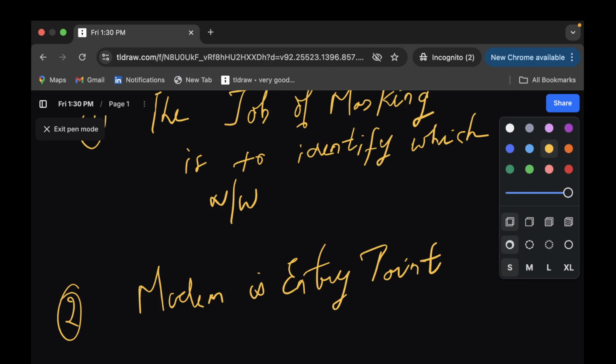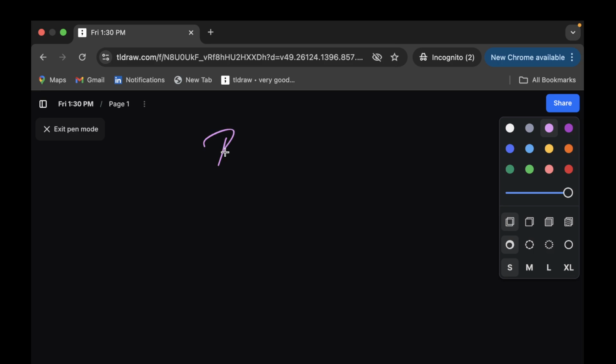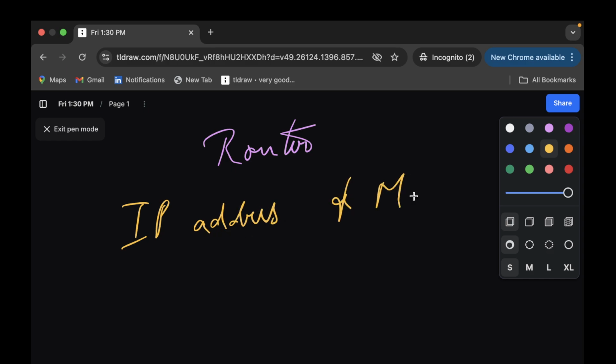So the router is going to have two things, the IP address and the mask.